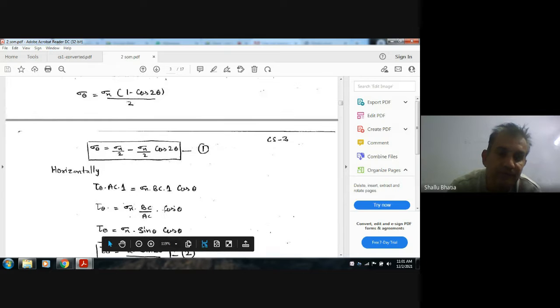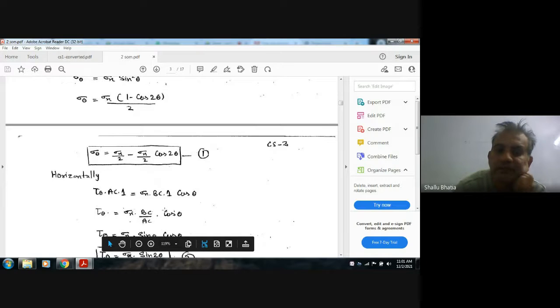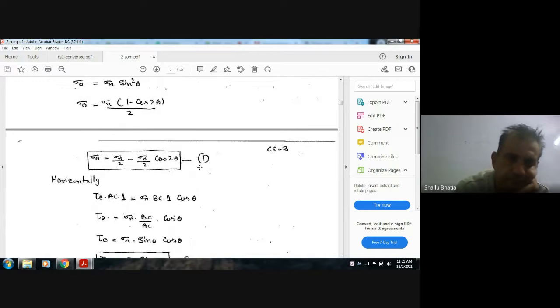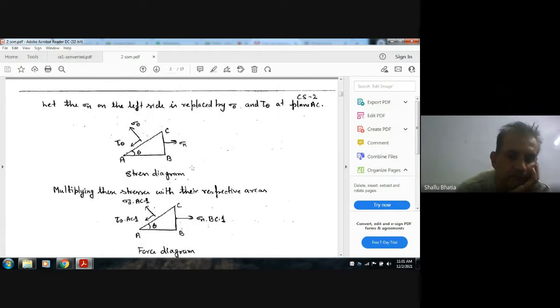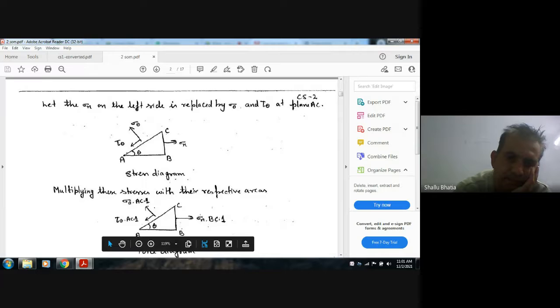Now for uniaxial stress, we can use these two formulas if we want to find out the stress at an angle theta to the direction of sigma x.